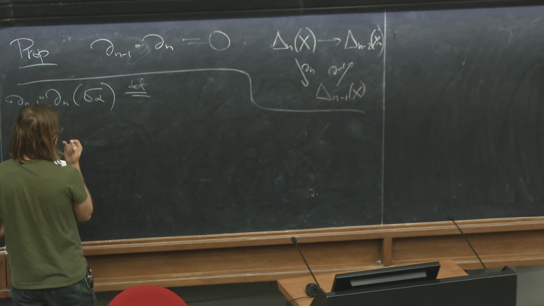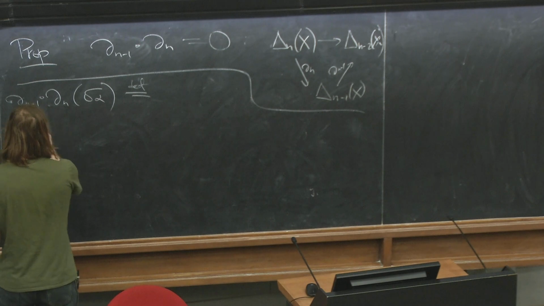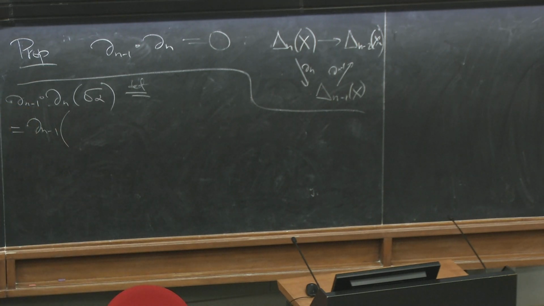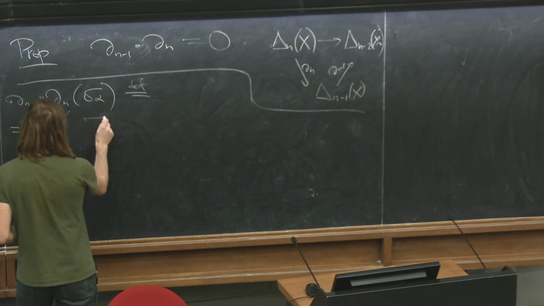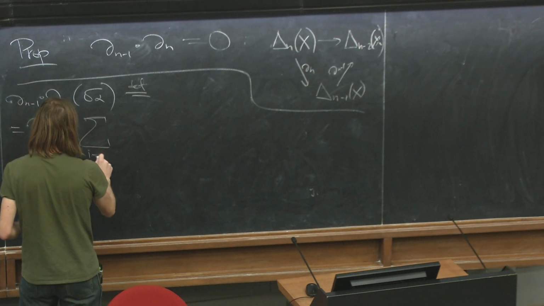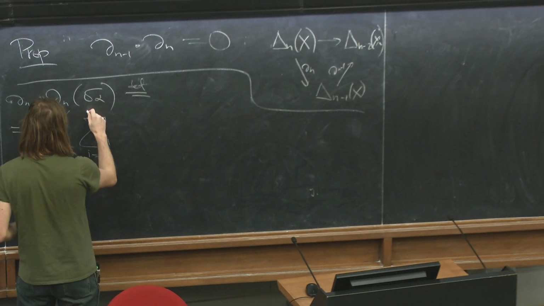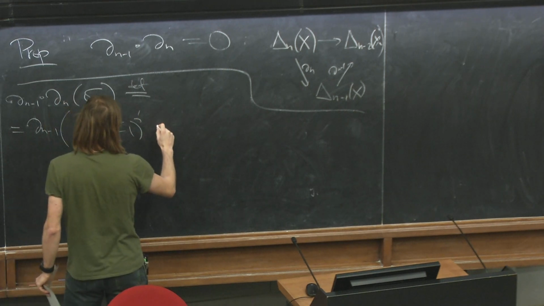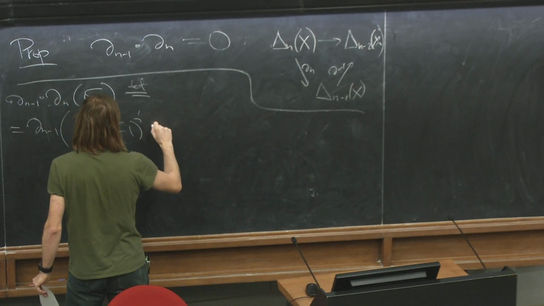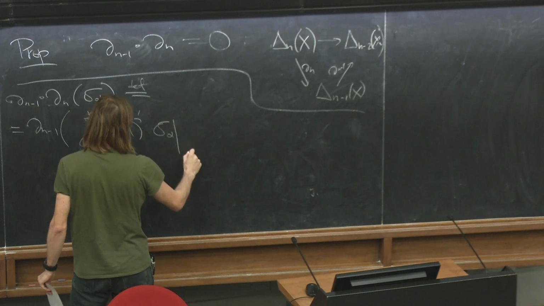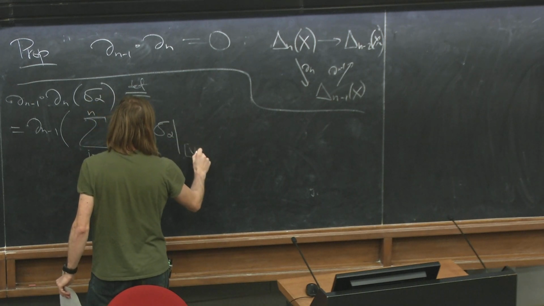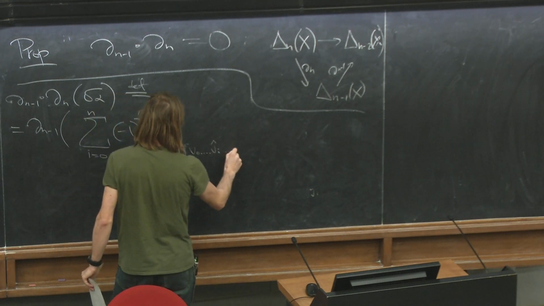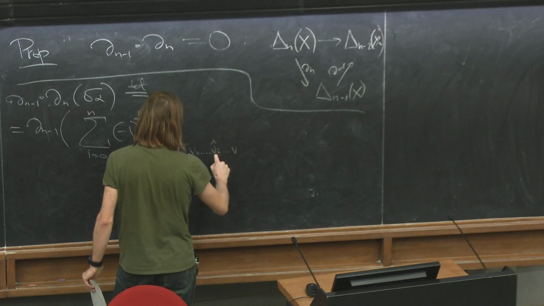So this will be the following. And let's keep the next d outside. So here, just rewrite the definition: the sum from i=0 to n of (-1)^i σ_α restricted to the face where we remove vertex number i.